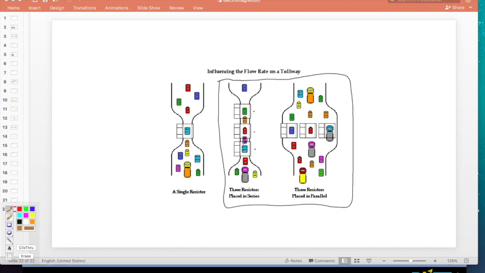So the smarter idea is to not add them one right after the other in series, but to add multiple branching pathways. Pathway number 1, pathway 2, pathway 3. To add them in parallel. Now the traffic overall is going to be flowing much more quickly because there are multiple branching paths for traffic to take.